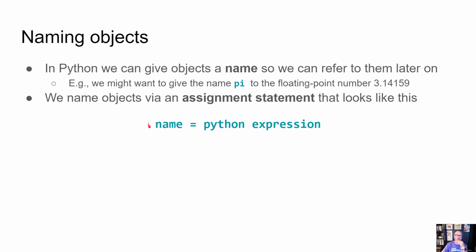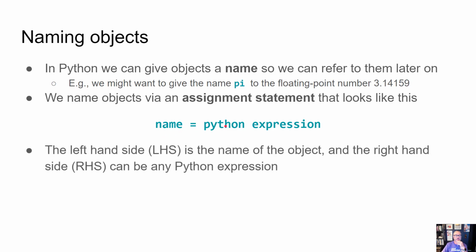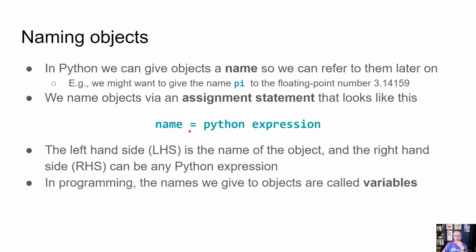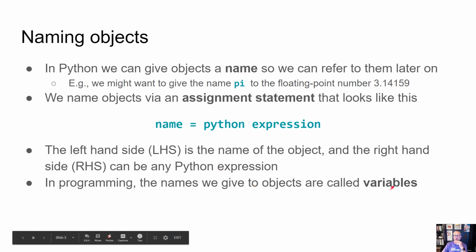And then this would associate a name with that expression on the right-hand side. Okay? So the left-hand side is the name of the object. The right-hand side can be any Python expression we want it to be. And in the middle is the equal sign. So those names that we give to objects are called variables in a programming language.